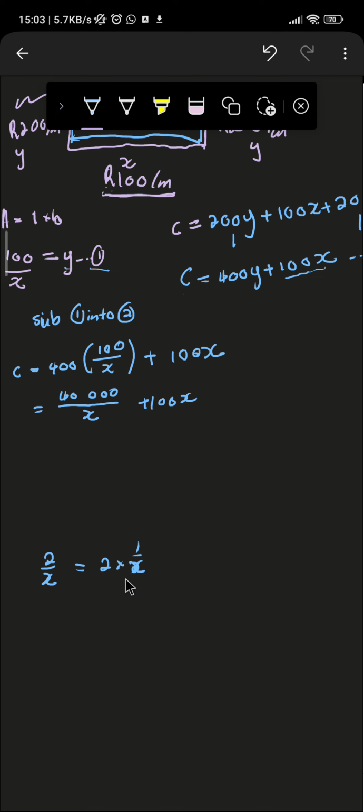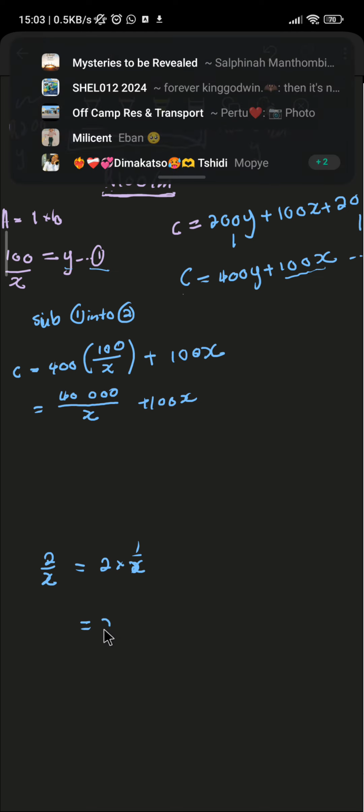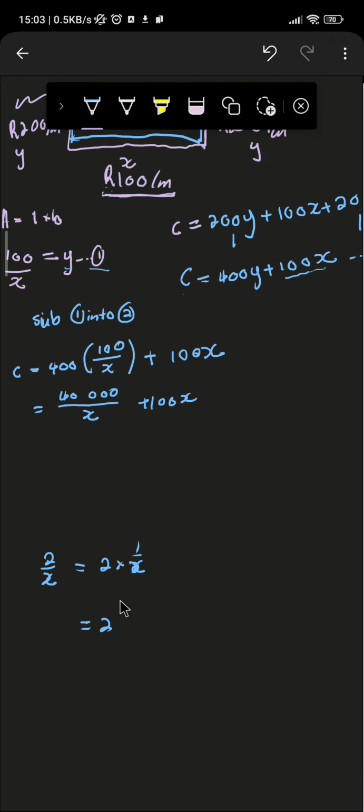We do this when we want to derivate. It is derivatable, because it simply gives us 2 multiplied by x to the power negative 1. So now we can derivate.